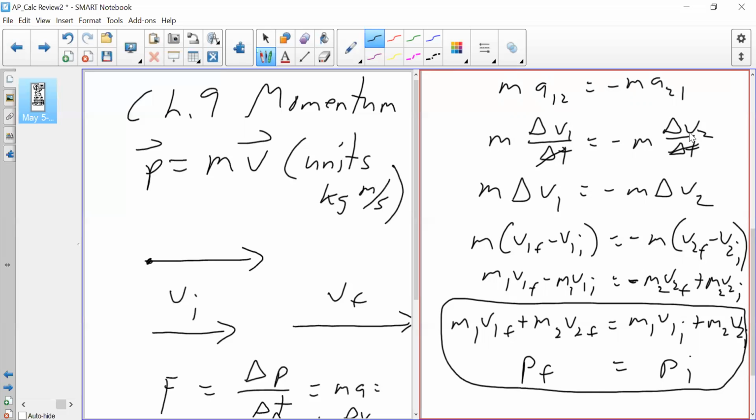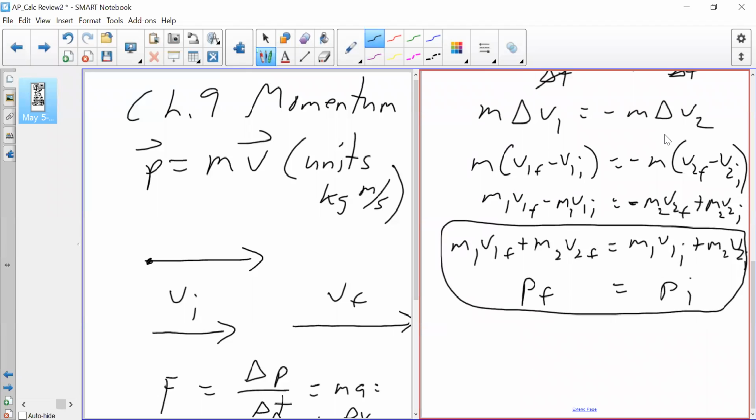So no matter where 1 goes or where 2 goes, the sum of the changes will be equal to 0. Which means that there's no change, and we're just looking at those internal forces. We're closing it off from the environment. And so those forces that 1 puts on 2 and 2 puts on 1 will be equal and opposite. They'll be the same. And when you add those up, those are equal to 0. Which means that the sum of the change of momentum will be equal to 0.